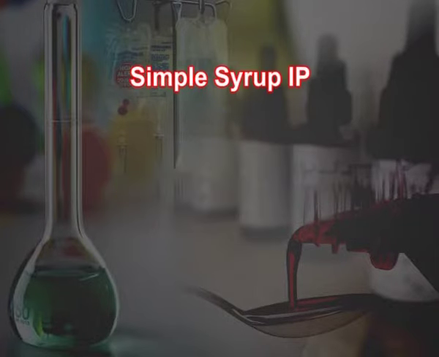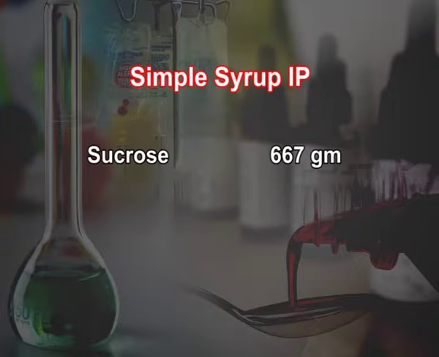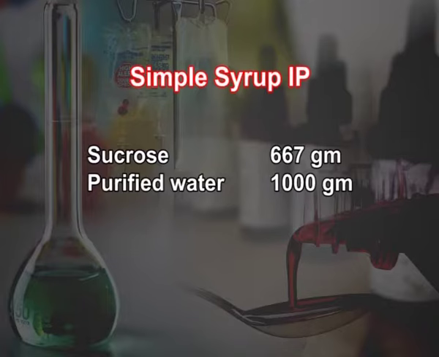Example of syrup preparation, simple syrup IP. Here, sucrose amount is 667 gram and purified water to 1000 gram. This syrup is prepared with the aid of heat. If prepared with all precautions, it does not require any preservatives to prevent microbial growth, because of its concentrated nature and the scarcity of required water to promote the growth of microbes.